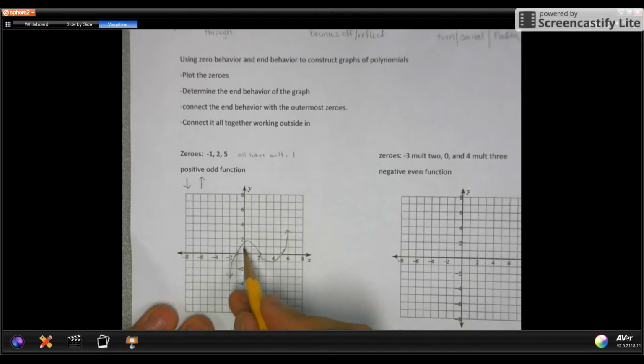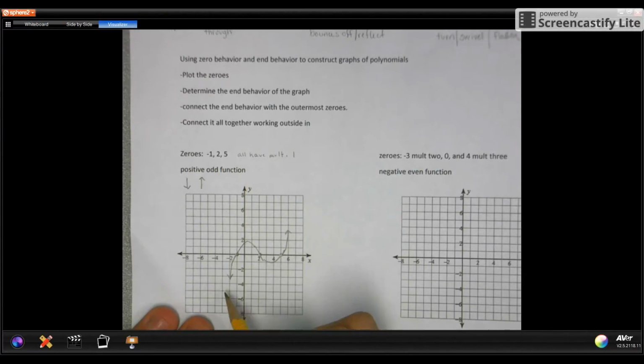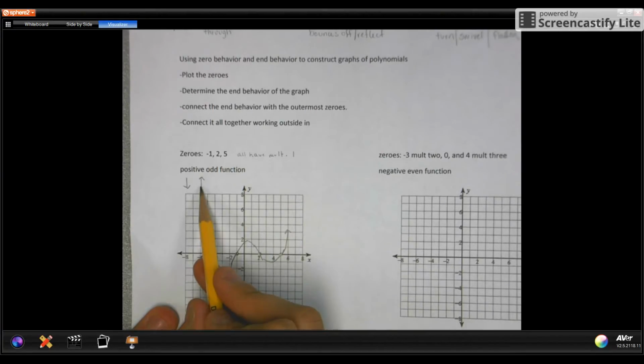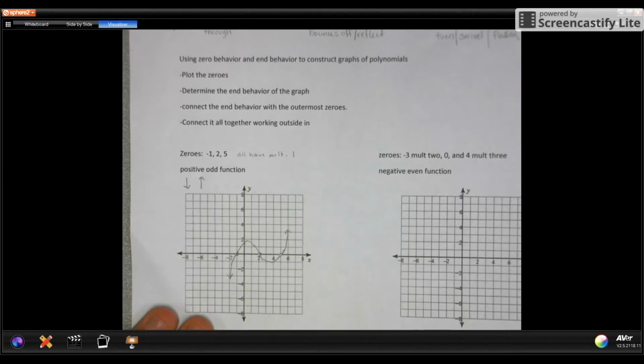You don't need to worry about how high or how low it gets, but this would be the general shape. It would be increasing as I approach the x-axis. It has a multiplicity of 1, so it would go through. Okay, and then it would need to come down at some point to go through this zero, and it has a multiplicity of 1, so it goes through. And then again, it would go through this zero and up, as it needs to increase as x approaches positive infinity.